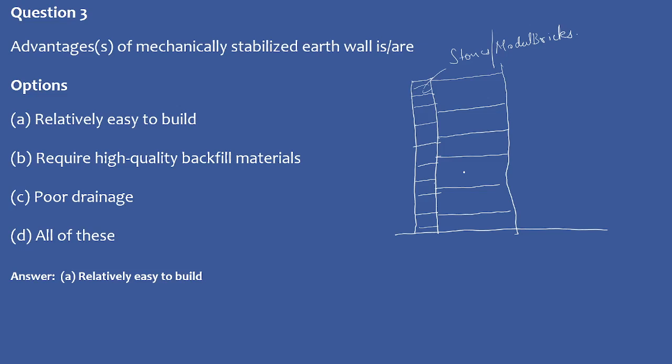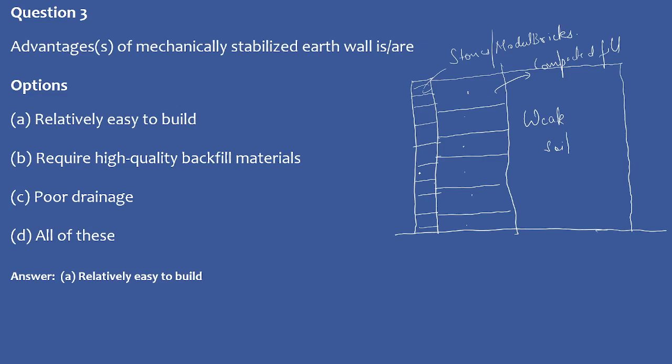So this whole mechanically stabilized earth wall is basically preventing the falling of the weak soil available here, which can fall in the lateral direction if these walls have not been provided.